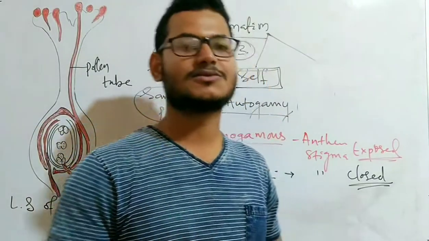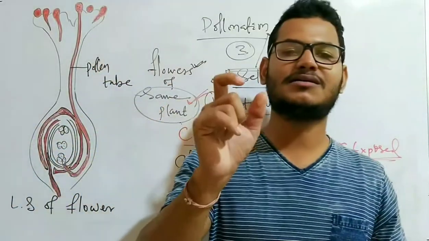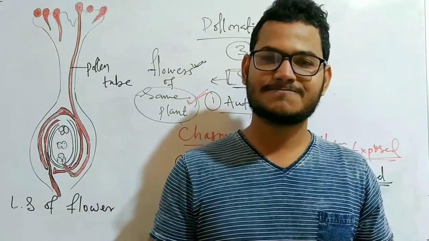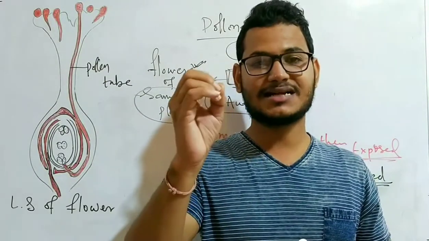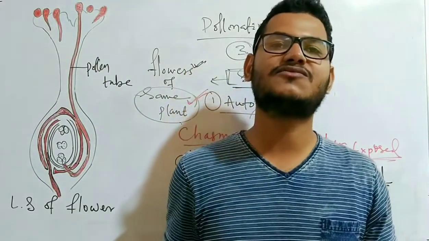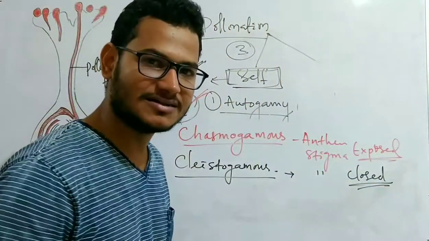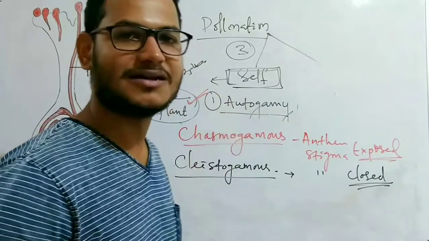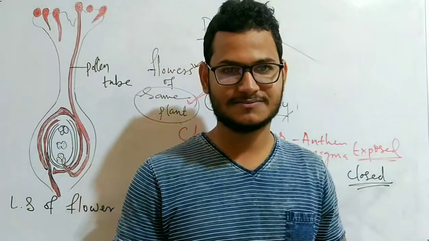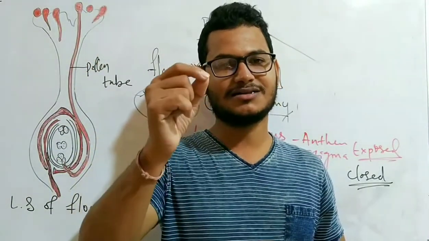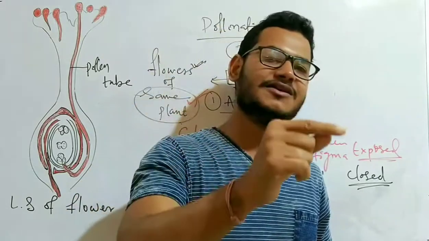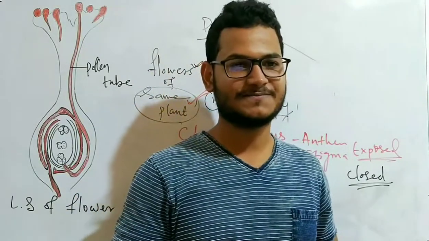Clear? So remember another thing, the flower produces seed set even in the absence of pollinators in this case. Pollinators are not required here and the flower can produce fruit and seed because the anther of the same flower will land on the stigma of that flower.